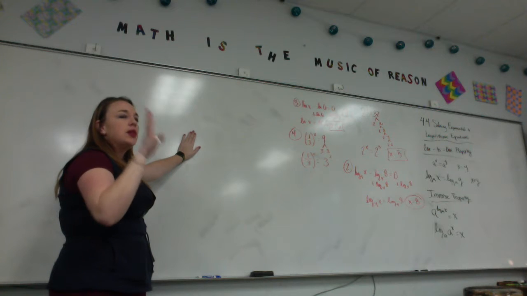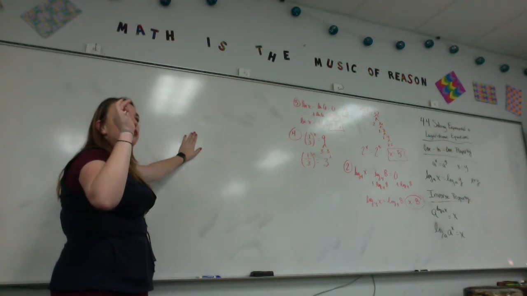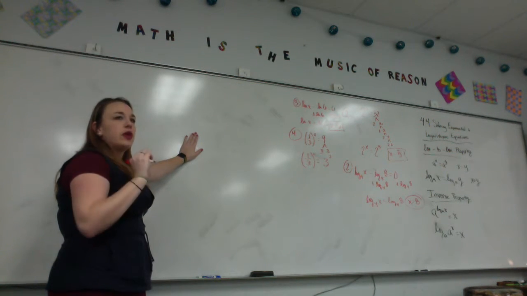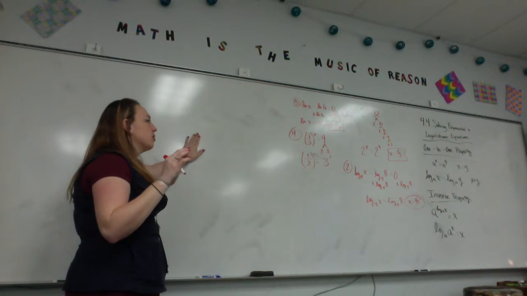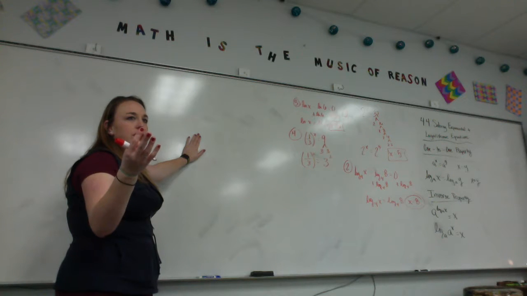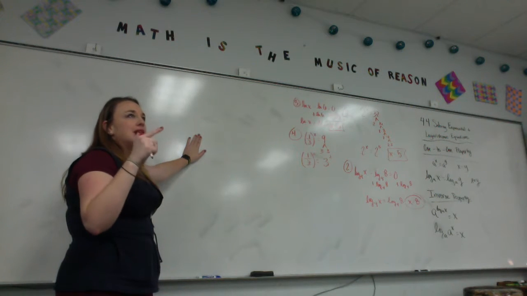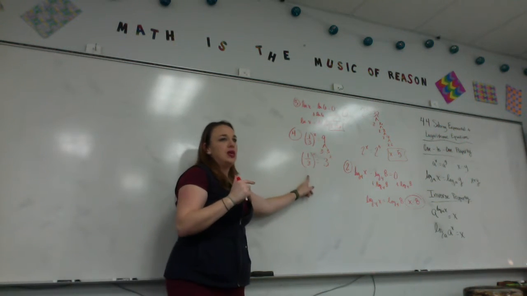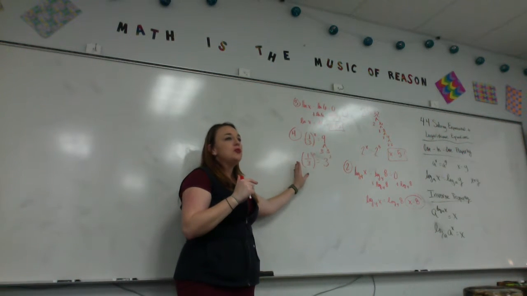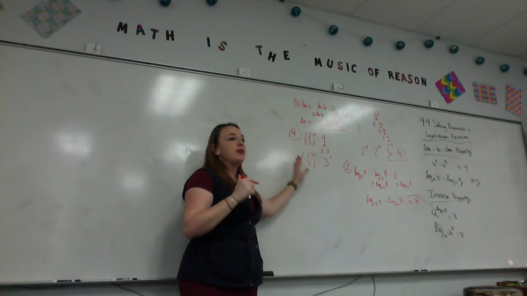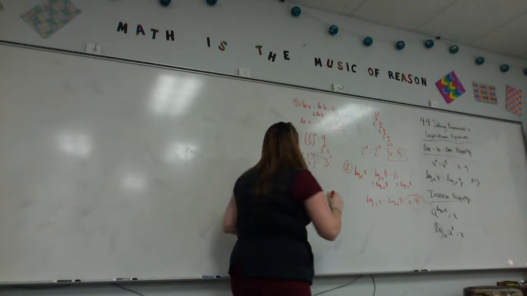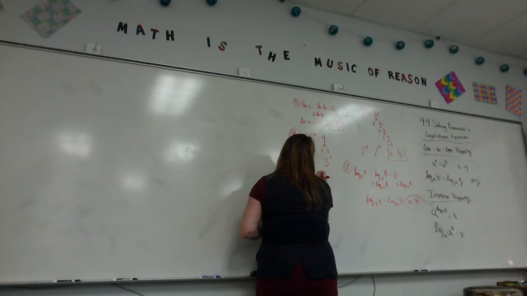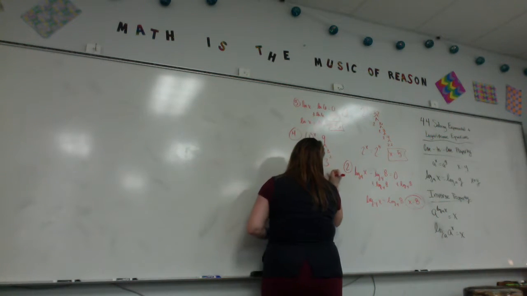Because here's the deal. If I flip 3, I get 1 over 3 squared. What's 3 squared? Well, I get 1 over 3 to the negative 2, right? Which gives me 9. That's not a base of 3, correct? So on this one, I need to flip the fraction I already have, so that I have 3 to the negative x equals 3 squared.